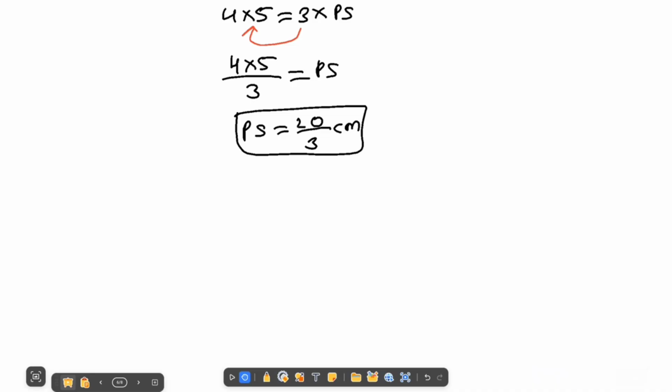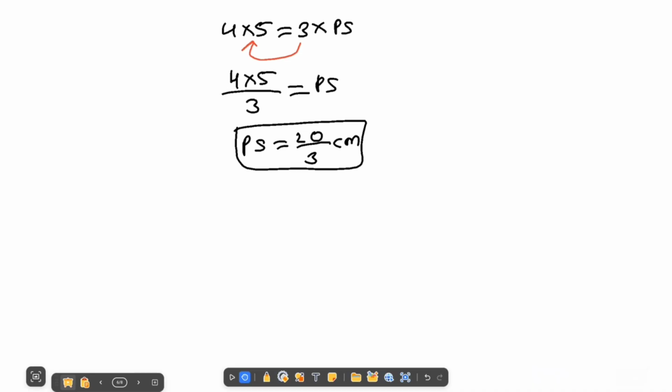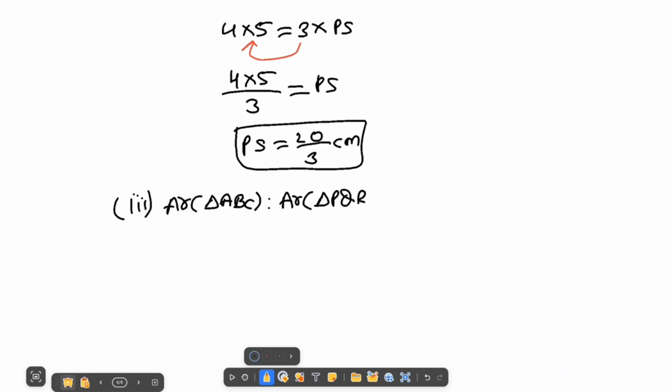So what is the third one that we have to find? We have to find the ratio of area of triangle ABC to area of triangle PQR.